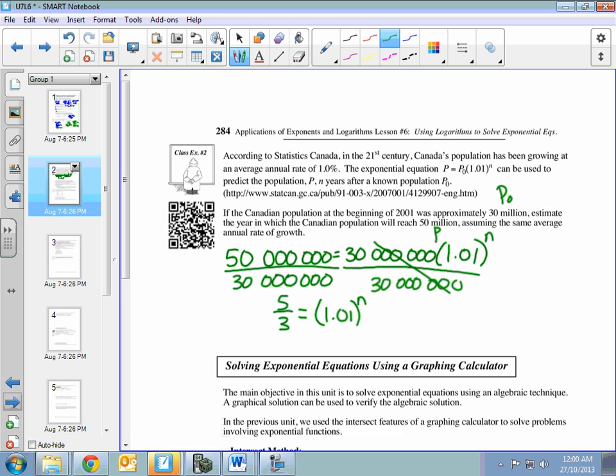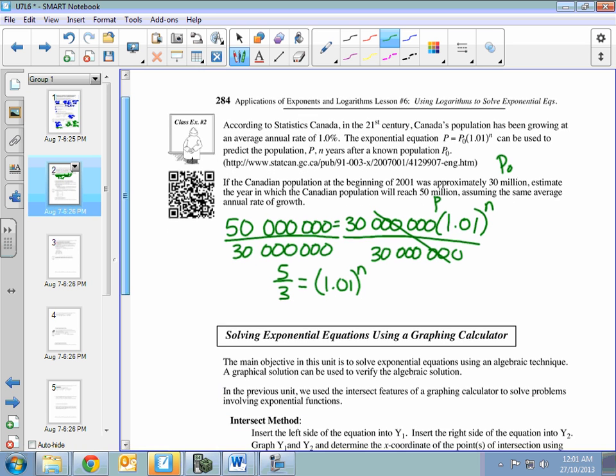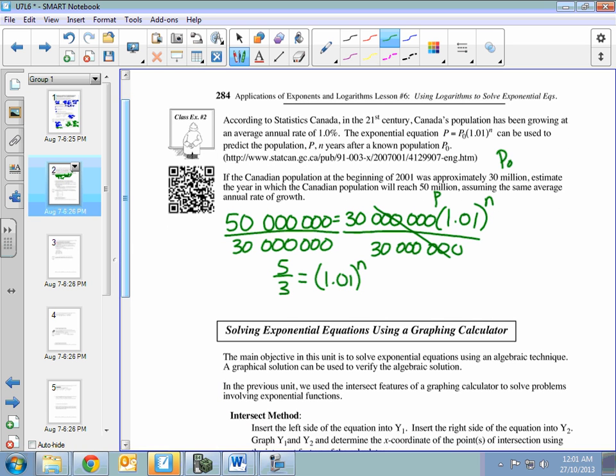Now we have this exponential equation. We can't use the same base, so let's change this to logarithmic. With the logarithmic equation, our base stays the same: log base 1.01 of 5/3 equals n.